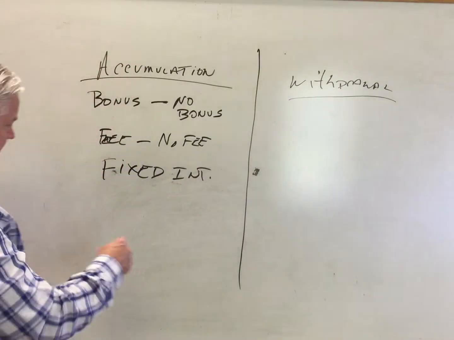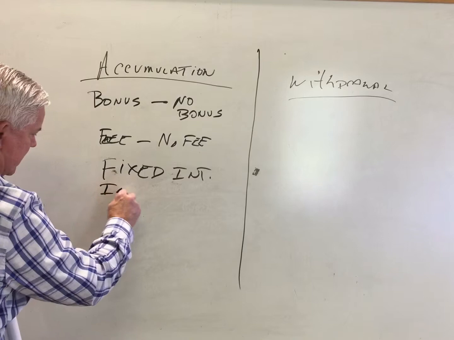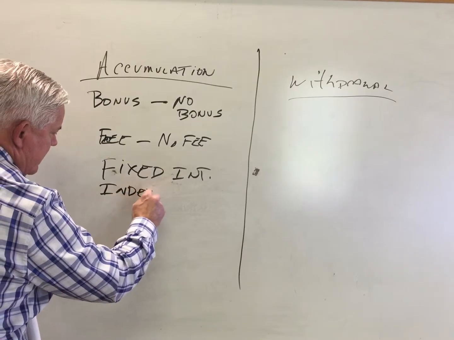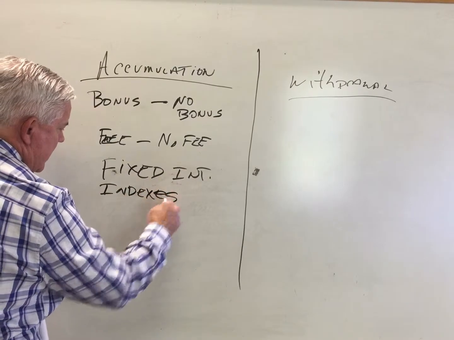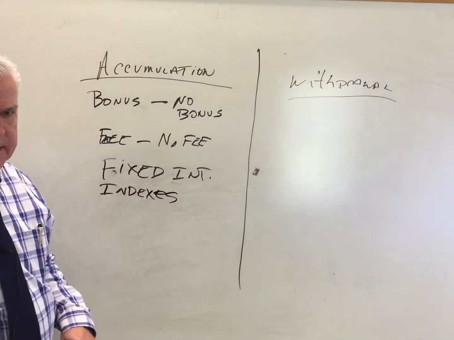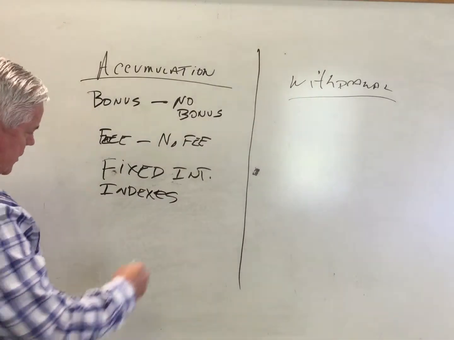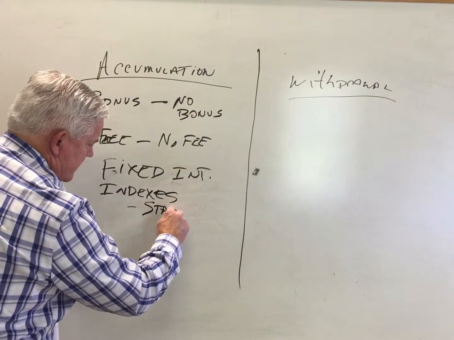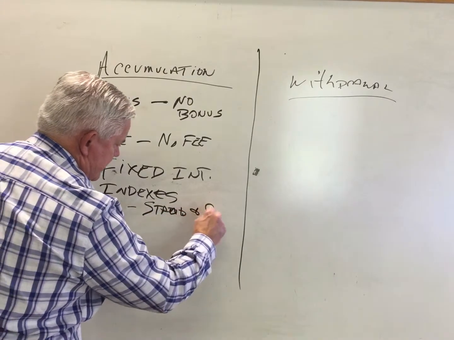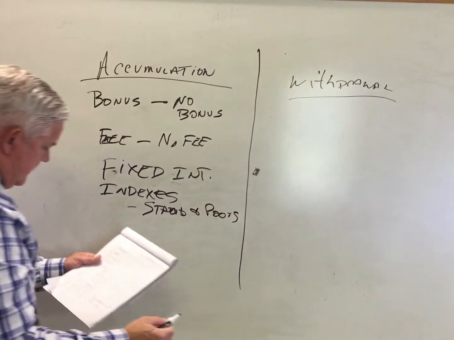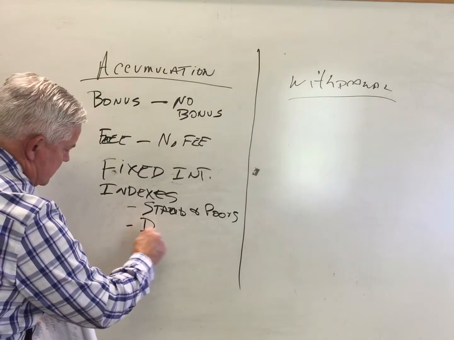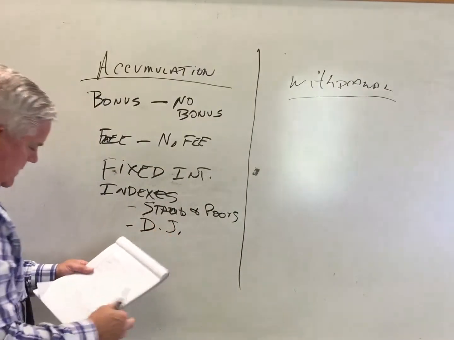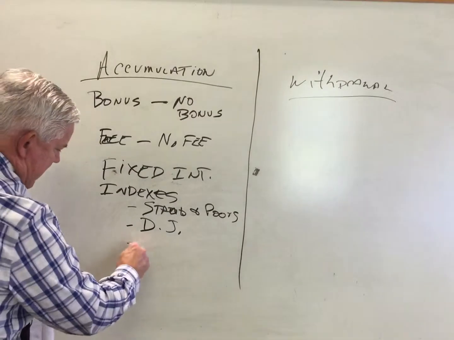Then you have different indexes on how you can earn money added to the annuity each year. You've got the Standard & Poor's Index, the Dow Jones, BlackRock.